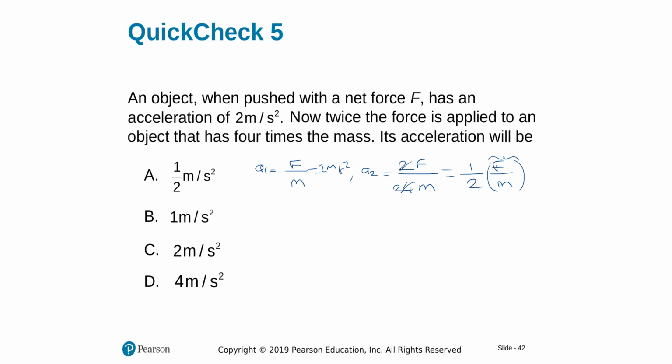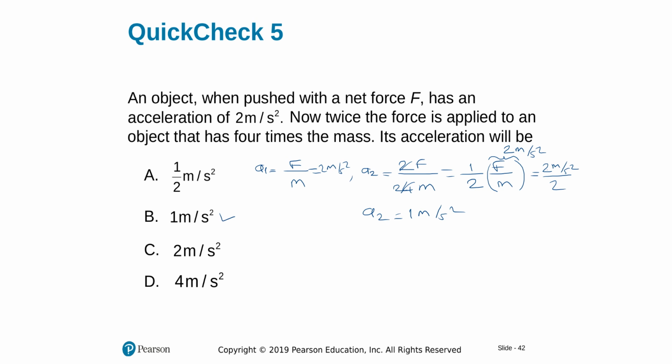I'm going to enter this in here. So this will be 2 divided by 2, right? When I enter this in here, I'll have 2 meters per second squared divided by 2. Then a2 should be 1 meter per second squared. So my answer should be B.